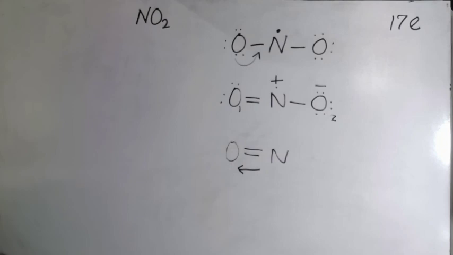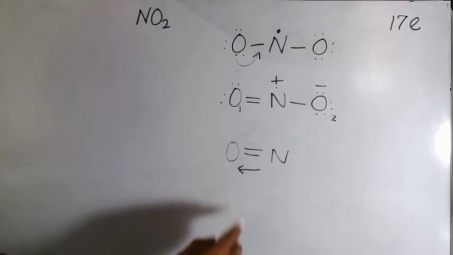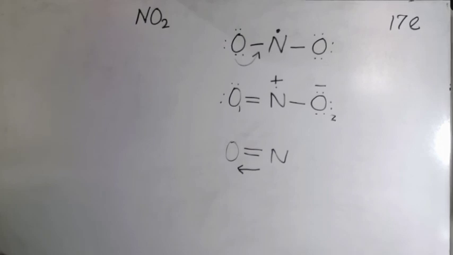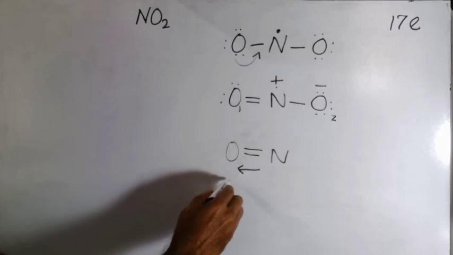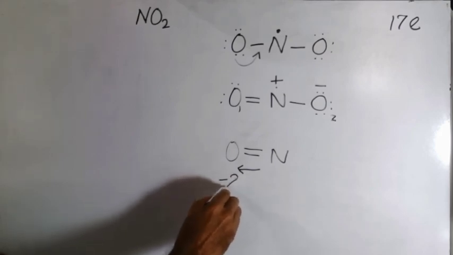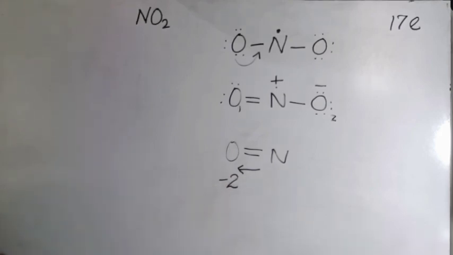So oxygen feels 2 extra electrons come toward itself because the oxygen atom attracts the electron cloud in this double bond. So oxygen gets extra negative charge. So the magnitude is equal to 2.